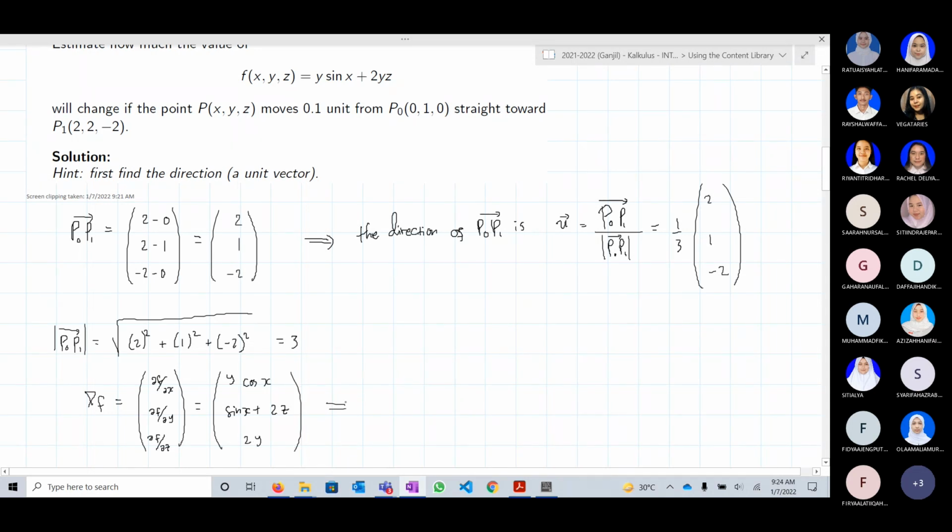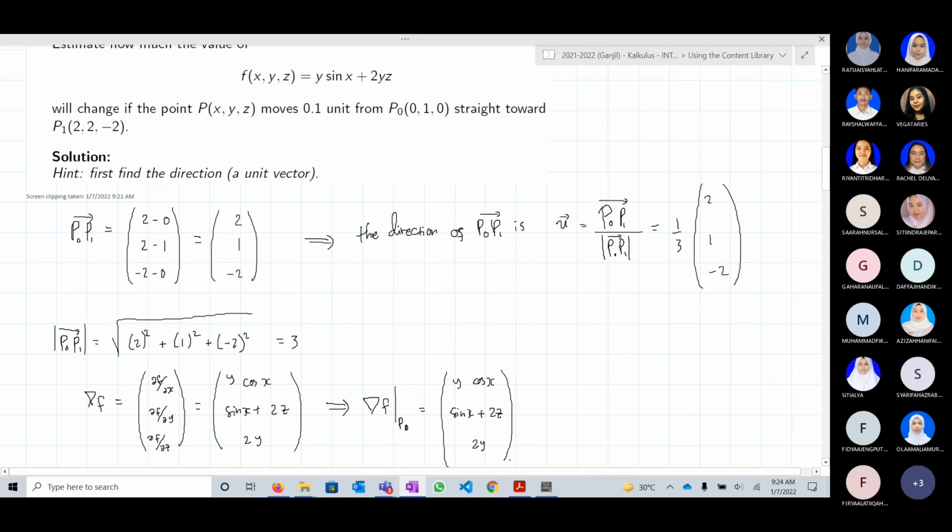So in this case, we evaluate grad of f at p0, meaning that we have to evaluate y cos x, sine x plus 2z, and 2y at the point p0, because we move 0.1 unit from p0.